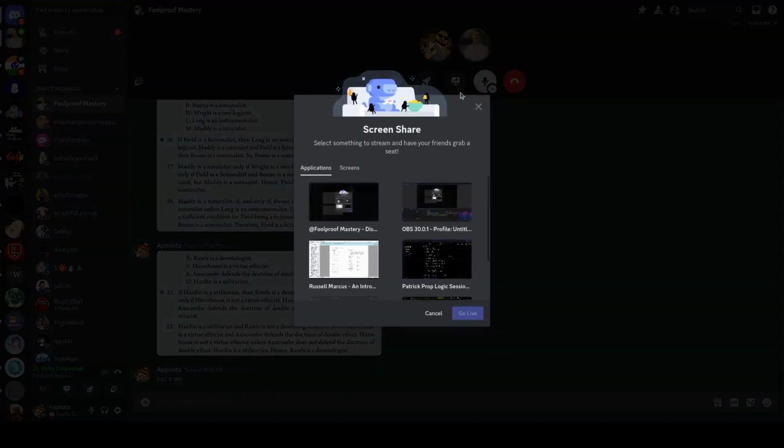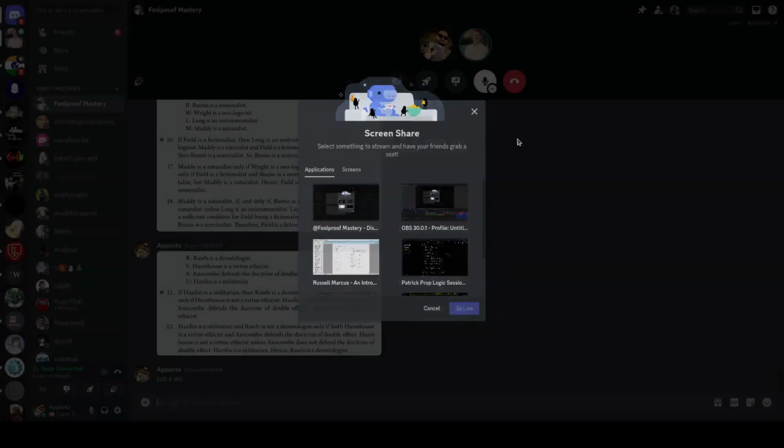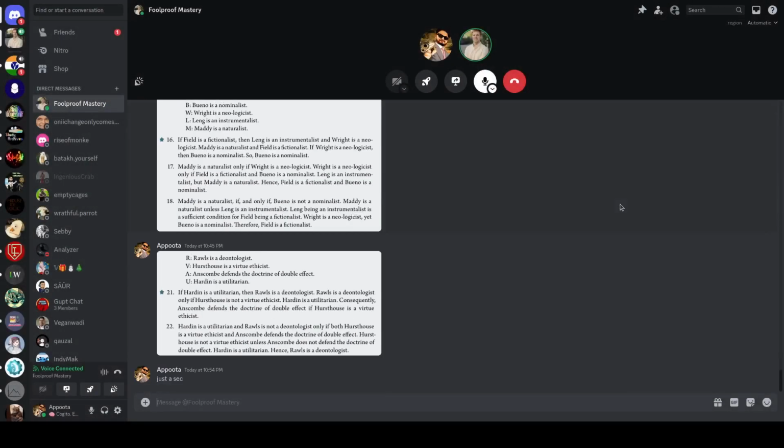I'll share my screen again and see if I have better text readability options, but last time I didn't have this. Just let me know if you can't see it well. I've got resolution 720.